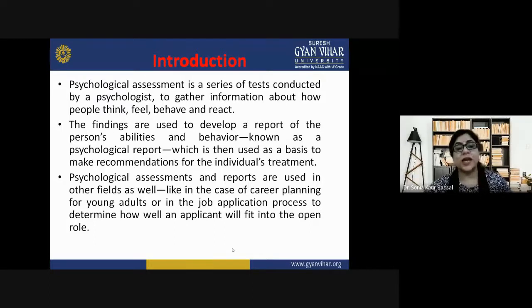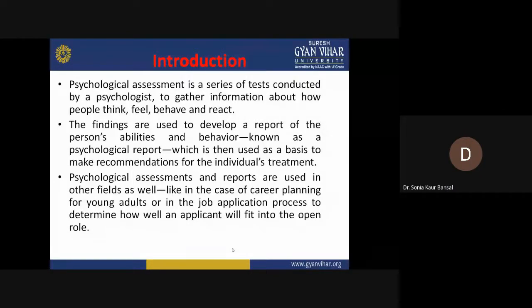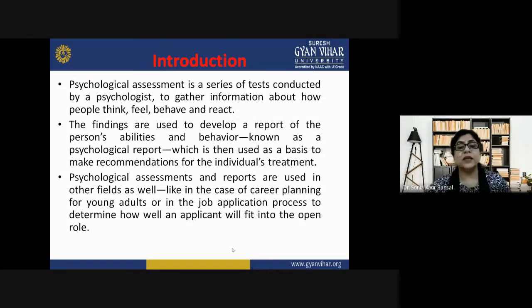Psychological assessment is a series of tests conducted by a psychologist, that means a person trained in psychological testing, and it is done to gather information about how people think, feel, behave, or react to a certain situation.